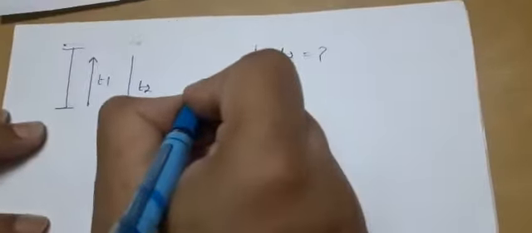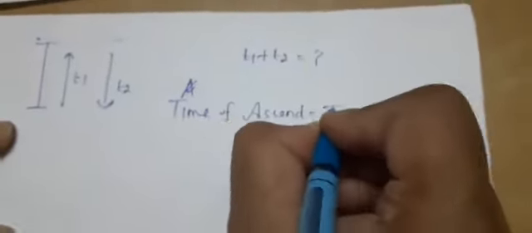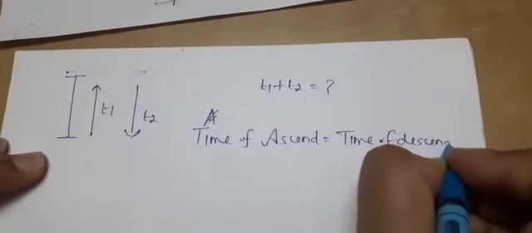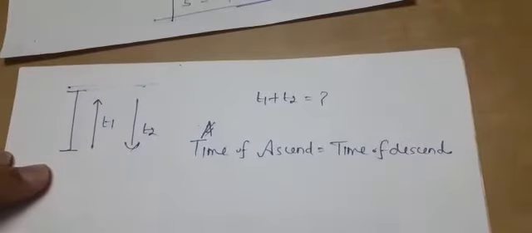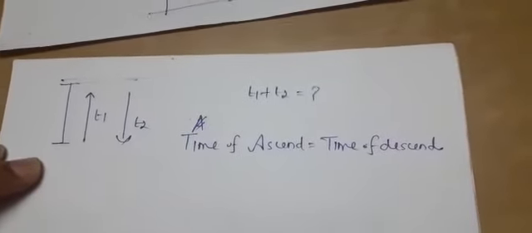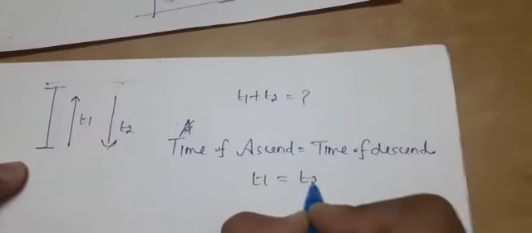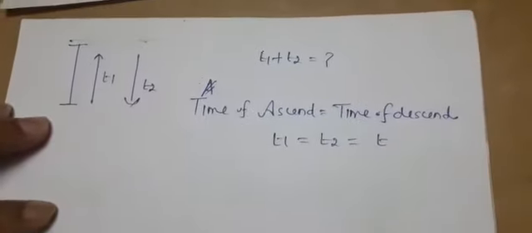Here, when you are solving it, you have to understand that time of ascent is equal to time of descent, because we are ignoring the effect of air resistance. It has been given in the statement. So in that particular case, T1 will be equal to T2. We can take it as T.